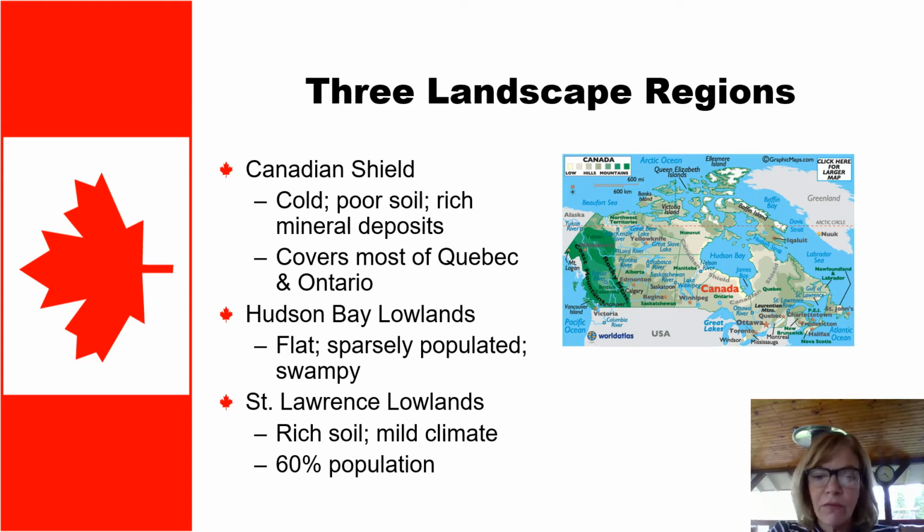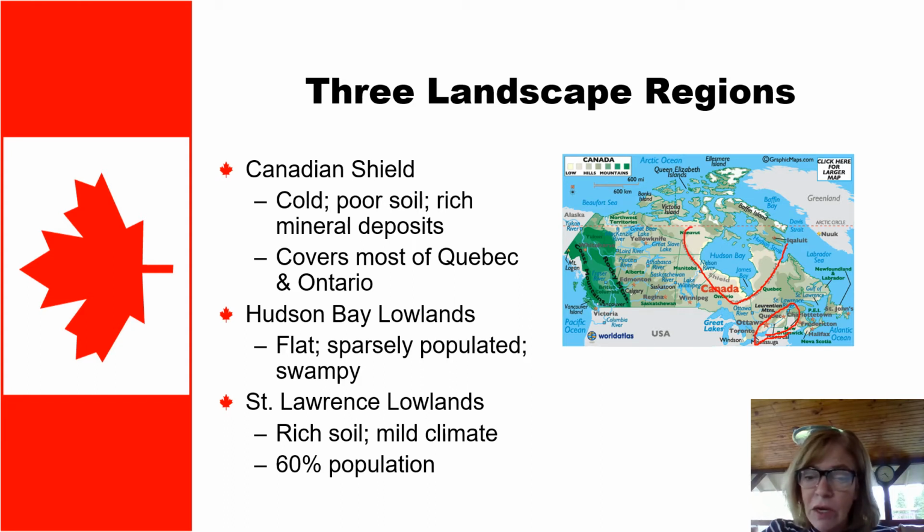Anyway, if we're looking at this region, which is known as the core area, remember, the majority of the population is located down here, right by the United States, St. Lawrence River. Very few people live in the northern areas up here of Ontario or of Quebec, because this right here is the Canadian Shield.